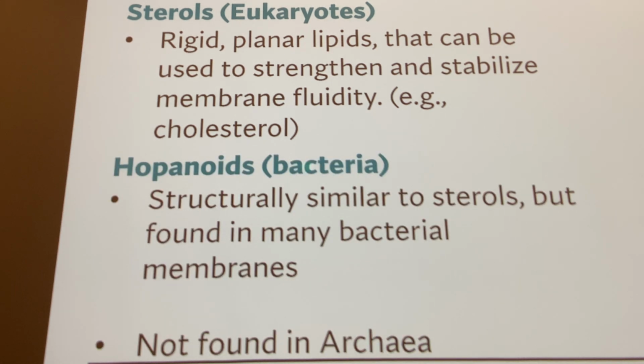However, bacteria also make similar structures called hopanoids, which functionally have a very similar purpose: they serve essentially to help strengthen membrane integrity. These are, again, not found in archaea, right? So this is another similarity between the membrane structures that we see between bacteria and eukaryotes.